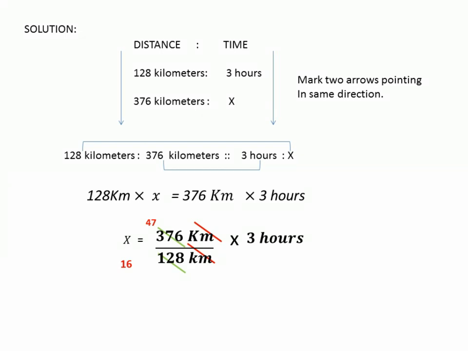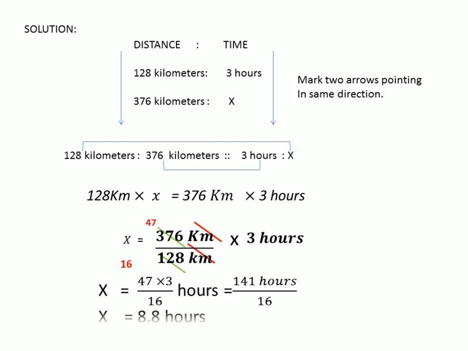So the final look of the equation will be x is equal to 47 into 3 upon 16, and the unit which will be left is hours, because kilometers in the numerator and the denominator will be cancelled. So let's repeat it. From where do we get 47? When I divided 376 by 8. From where did we get 16? When I divided 128 by 8.